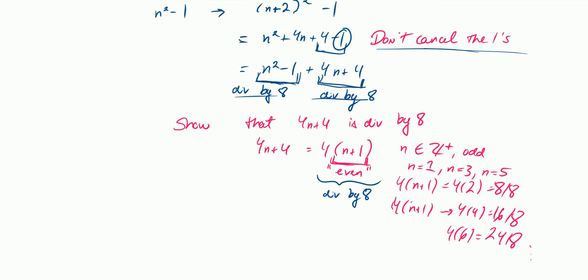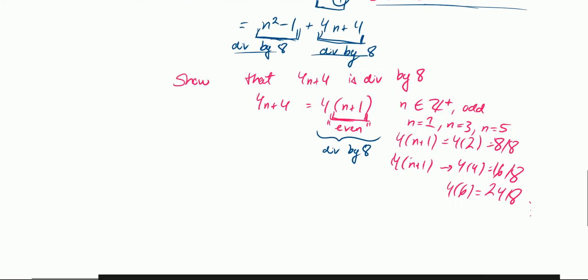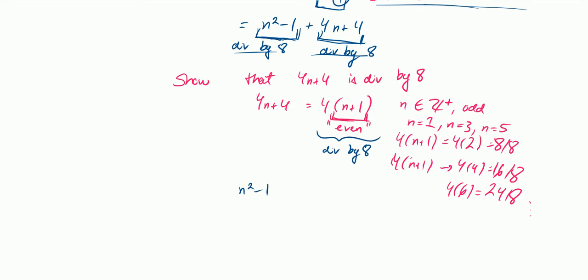So what that means is I can rewrite n squared minus 1 as 8 times whatever constant k, where k belongs to the integers. And I can write 4n plus 4 as, let's say, 8t, where t belongs to the integers.